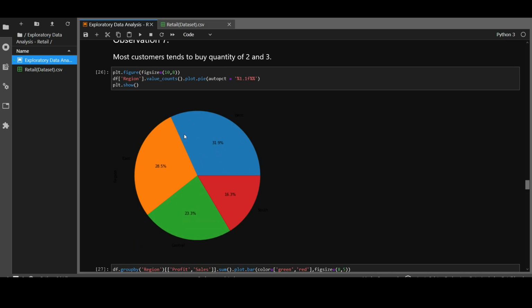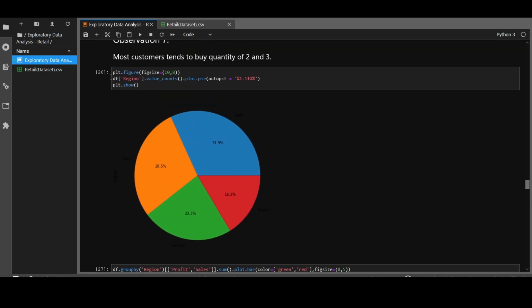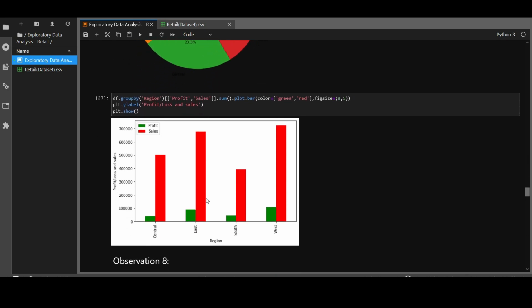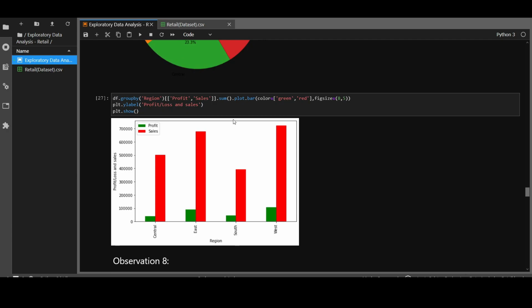Again we have plotted a pie chart, and this pie chart is about the regions, showing in which regions we are supplying the most. And again I have plotted a graph of profit and loss versus region, to see in which region there are the most profits.